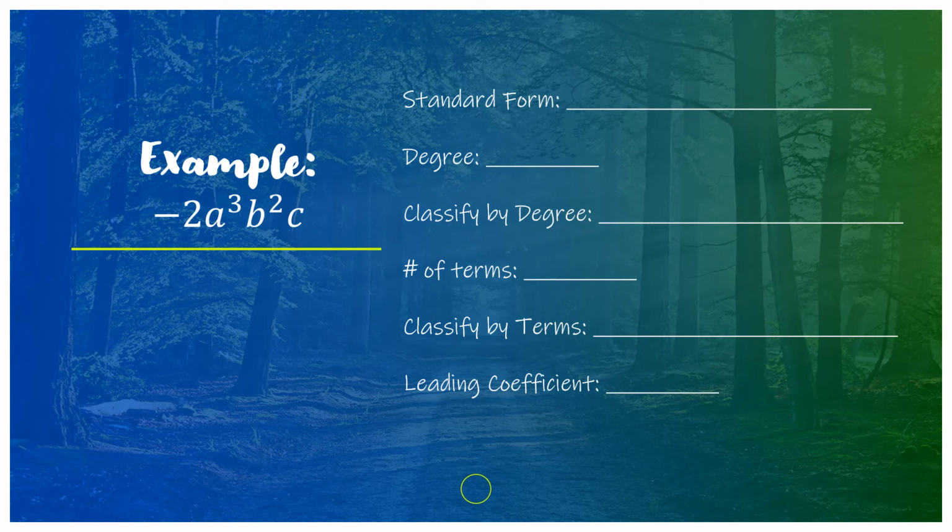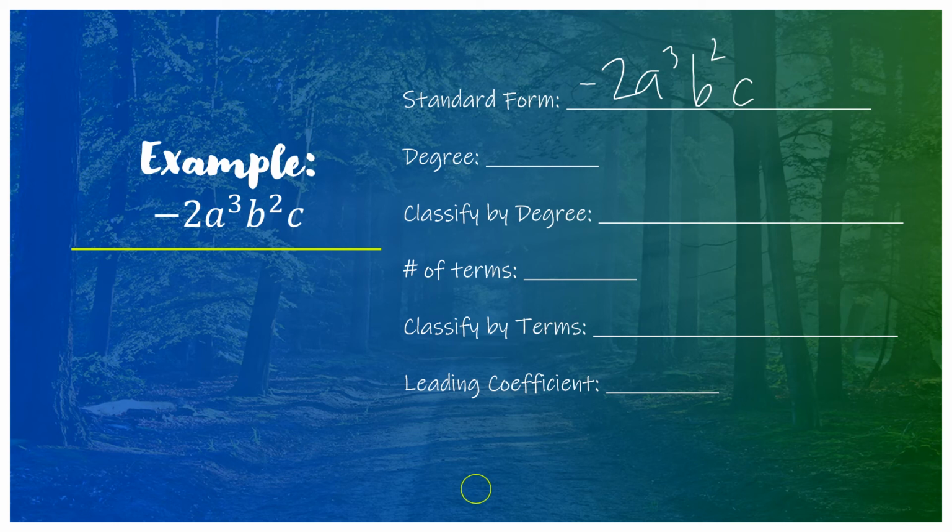All right, our third example, this is a monomial. This is all one term right here, because there's no addition or subtraction separating these variables, but this is multivariable. So for my standard form, since it's only one term, it's going to stay the exact same. Even if my exponents were out of order, you don't need to rearrange them within the one term.